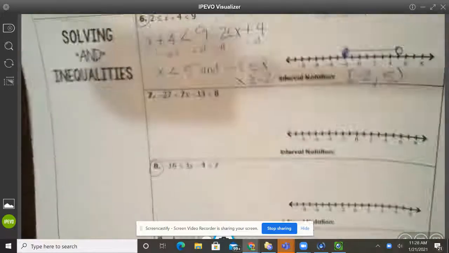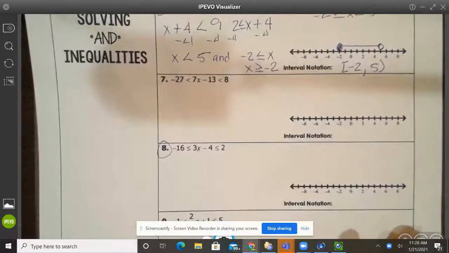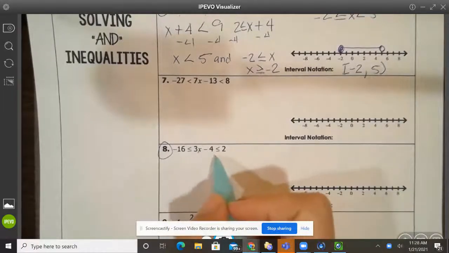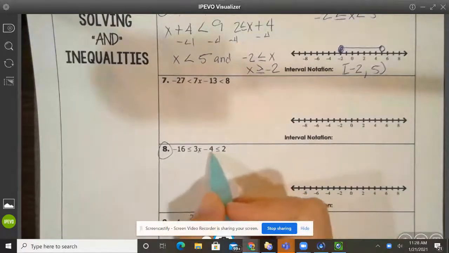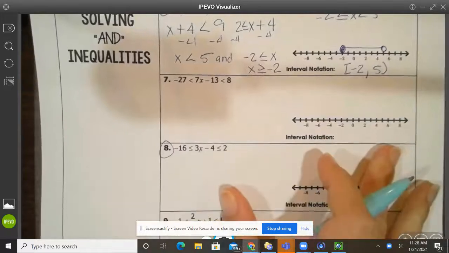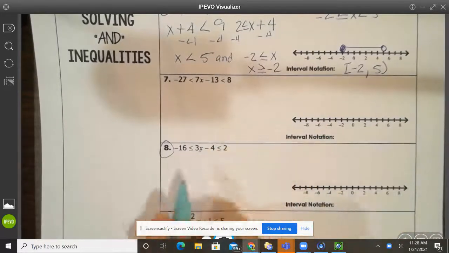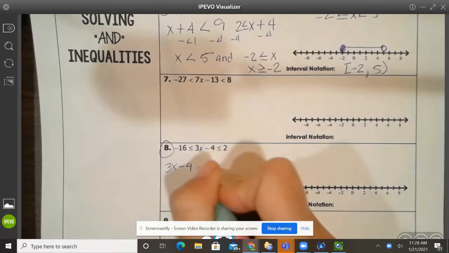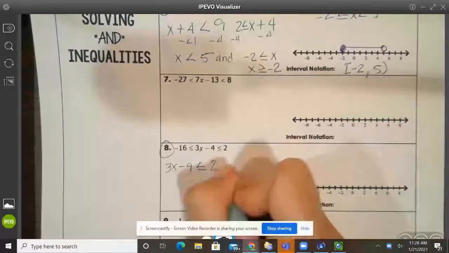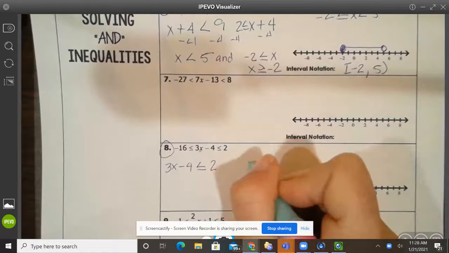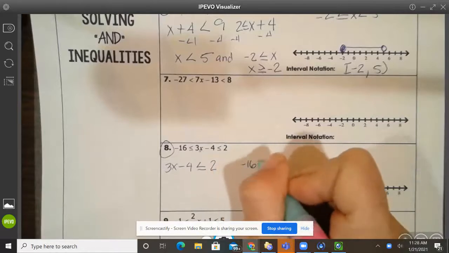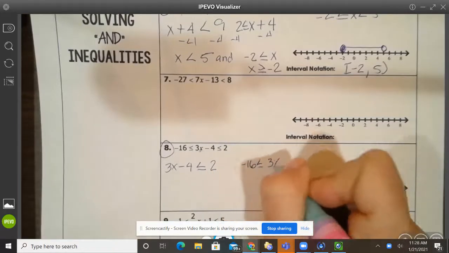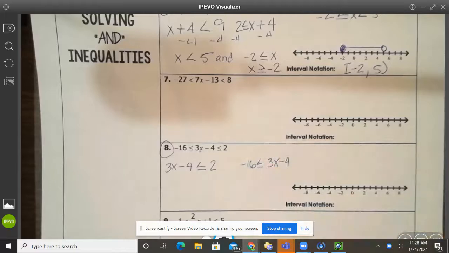All right, let's do another one. You can break them in pieces, or you can do this side first and then that side next. It doesn't matter how you do it. For me, it's easier maybe to break it in pieces. So that's 3x minus 4 is less than or equal to 2, and then I have negative 16 is less than or equal to 3x minus 4, and then you solve it like that.